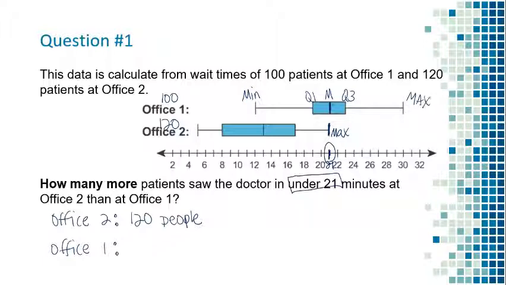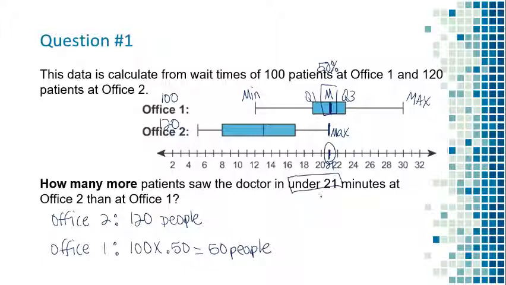Okay, so if I'm at my median, remember this is 50% of the way up, it's the middle point. So half of the people at Office 1 are going to be less than 21 minutes. There were a total of 100, but I only want half of them, or 50%. If I write that as a decimal, 0.5, that's going to give me 50 people.